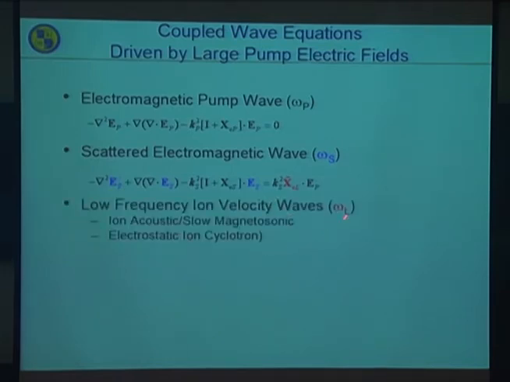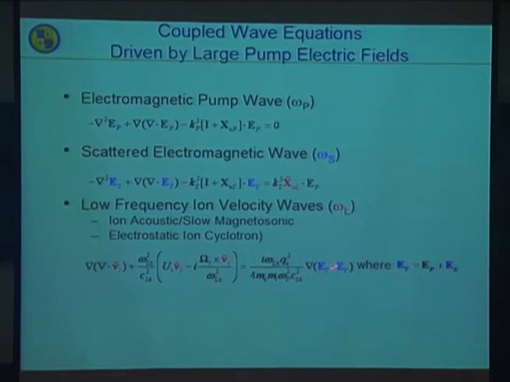Next slide, please. These low-frequency fluctuations at omega L can be ion cyclotron waves, the slow magnetosonic wave, electrostatic ion cyclotron wave. And that has another wave equation, which is then driven by mixing, by the product of the electromagnetic waves. When you mix those two components, you get a frequency that's omega L, and when you mix these two components, you get the omega S frequency.